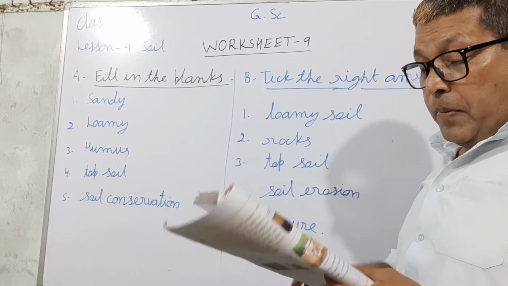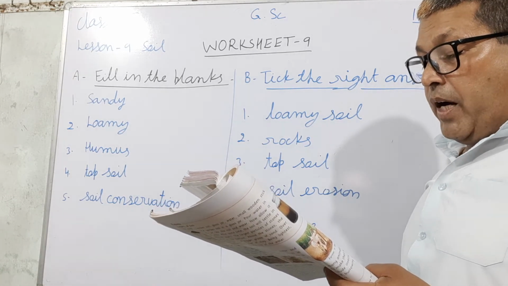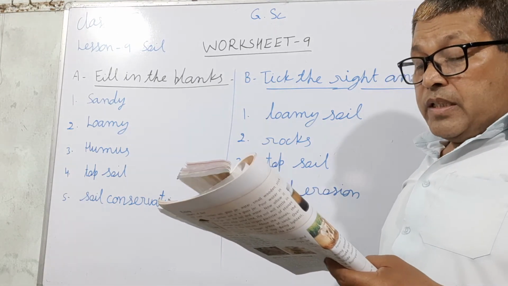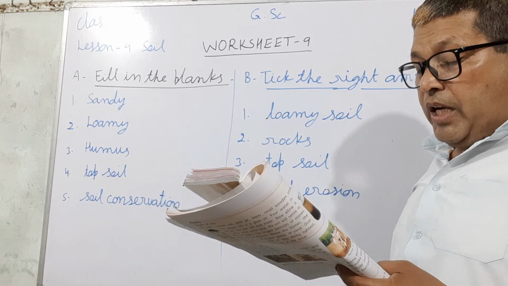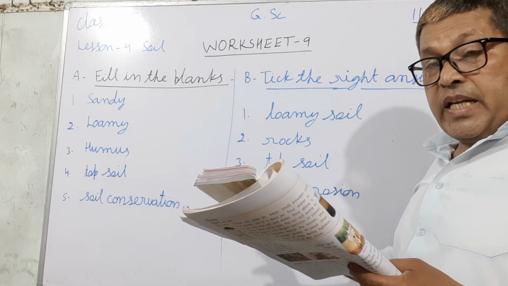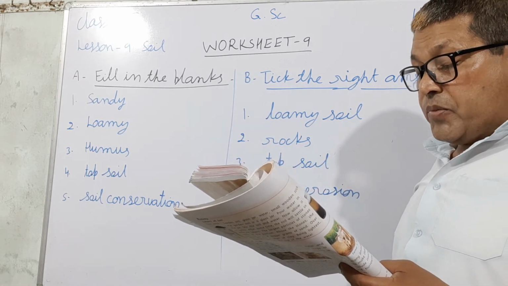Now third, the soft and dark layer of the soil in which plants grow is. Three options are given: bedrock, subsoil and top soil.